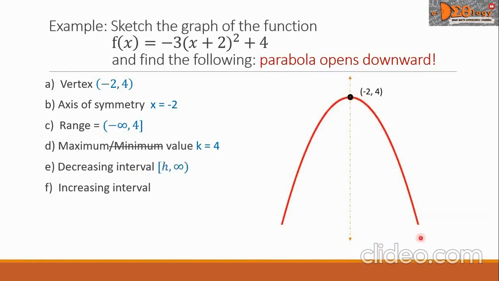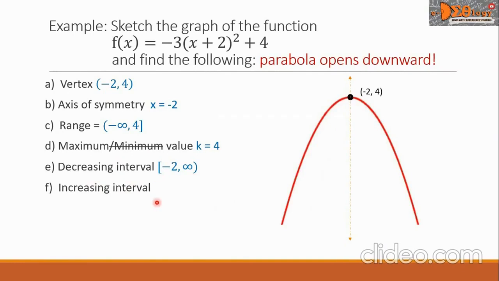And our formula is the square bracket h, comma, positive infinity, parenthesis. And this h we will now change to the x coordinate of the vertex. So the decreasing interval h becomes negative 2. So this is now our interval notation for the decreasing interval.